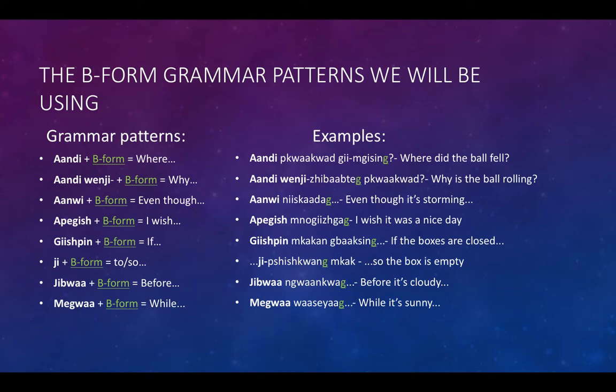Megwa waseag means while it's sunny. So we start off with our word megwa, followed by our VII word wasea, it is sunny, and then followed by our B-form suffix G.